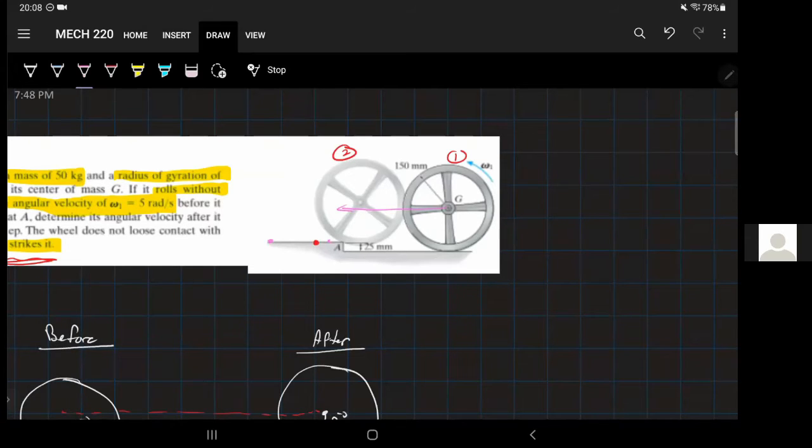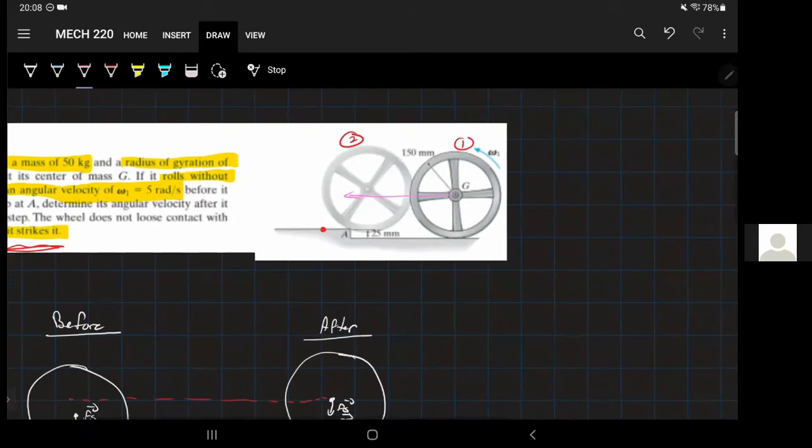We'll see when we do the cross product. So if I put it here, I'll be taking my dimensions from this red spot here.